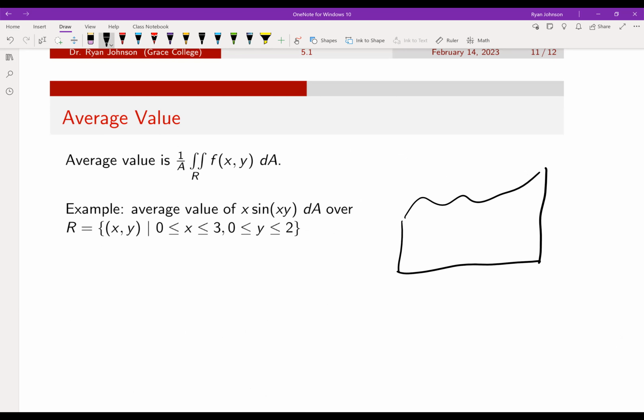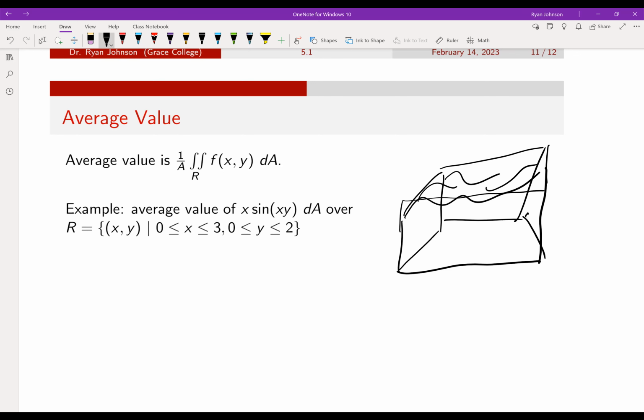And then if you think about the rectangle that has the same base and the same area, then the height of that rectangle gives you the average value of the function. So in a similar way, if your function is doing stuff in 3 dimensions, then you find the volume, and then divide by the area of the base, and that gives you an average value of the top. That's a poorly drawn picture.